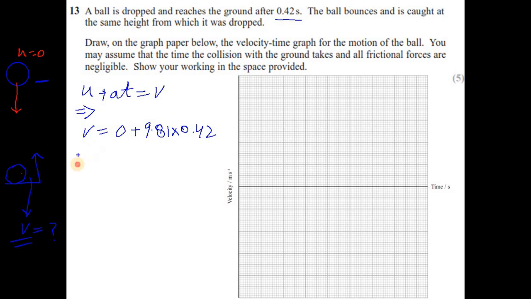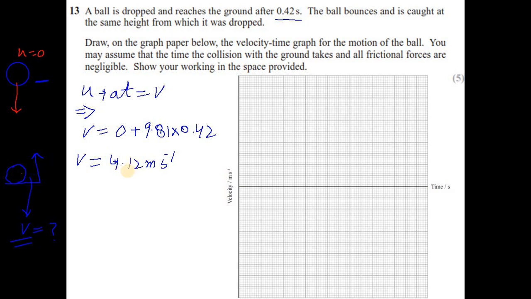When you solve this, you have v is equal to 4.12 meters per second. This is the velocity when the ball is reaching the ground.